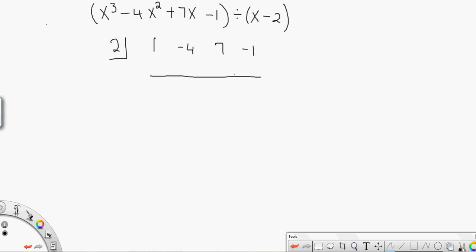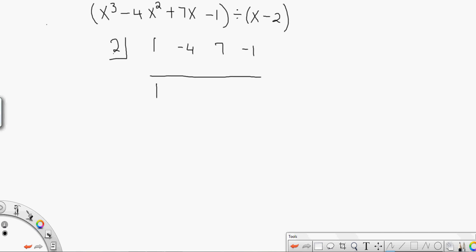And then write the first coefficient of your dividend, which in this case is 1. Okay, so this is how we set it up. We write the coefficients of your dividend, and then we take the opposite of the constant of the binomial, and we put it on the left here. And then you bring down the first coefficient of that dividend.